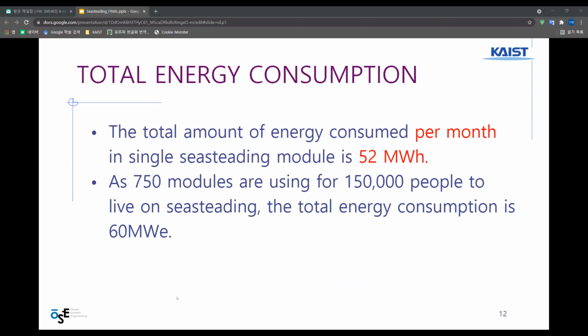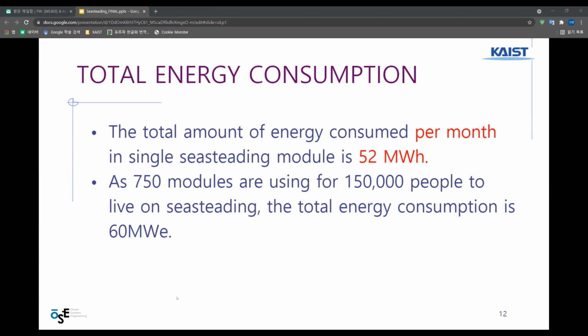And in the second presentation, we calculated that 14 megawatt hours of electricity are consumed at home each month. In addition, the monthly amount of electricity consumed by water is 12 megawatt hours per month. Therefore, the amount of electricity the system requires per month is 52 megawatt hours for each module.